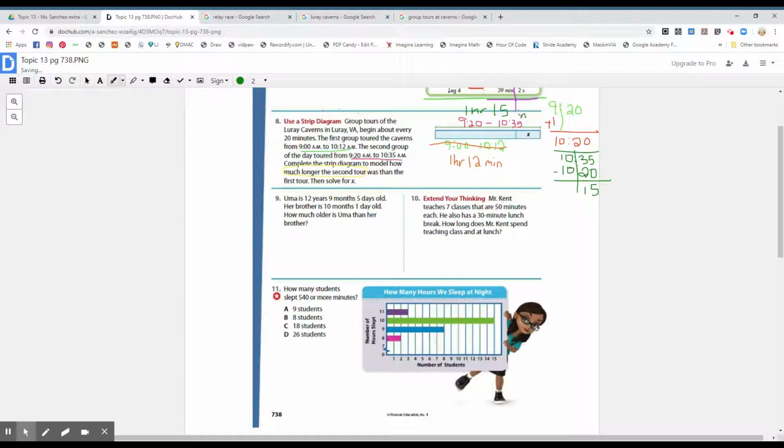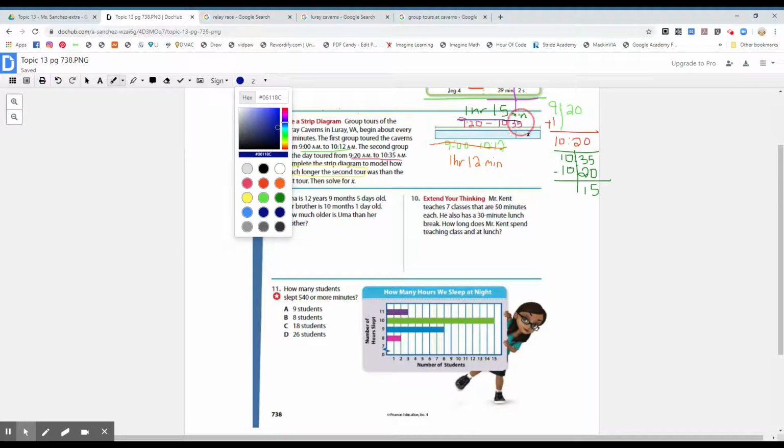One last little step, boys and girls. They just wanted to find the difference. The 9:20 to 10:35 has been replaced with 1 hour and 15 minutes. That was the elapsed time. That is how long that tour took, 1 hour 15 minutes.